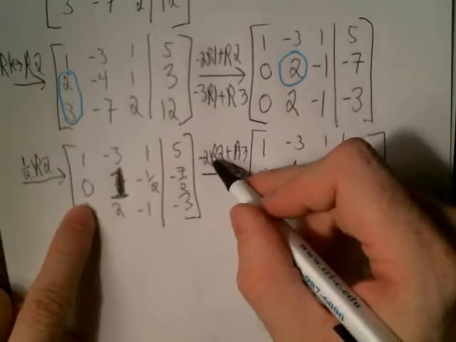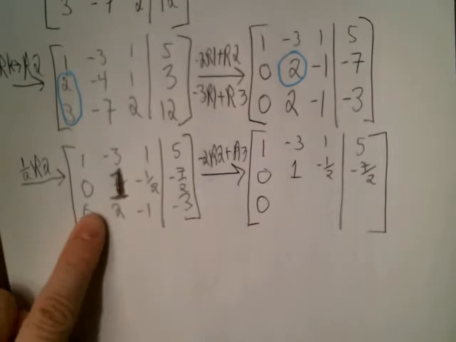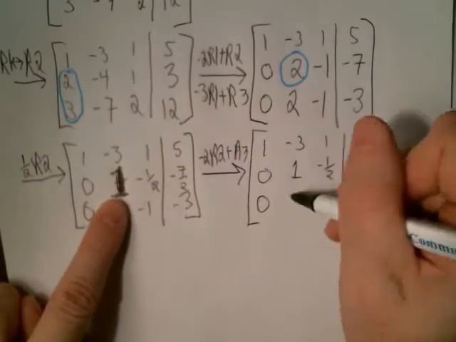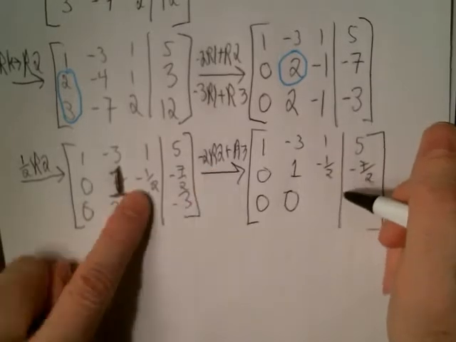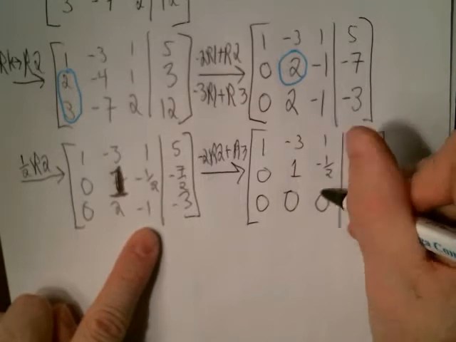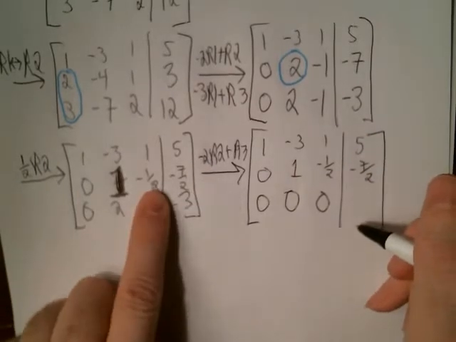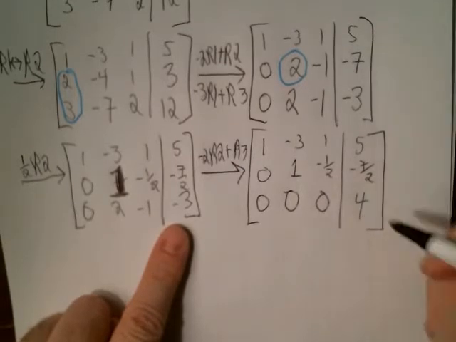Oh, oops, we've got to start with this guy. Negative 2 times 0 is 0. 0 plus 0 is 0. Then negative 2 times 1 is negative 2. Negative 2 plus 2 is 0. Negative 2 times negative 1/2 is positive 1. Positive 1 plus negative 1 is 0. Negative 2 times negative 7/2 is 7. 7 plus negative 3 is 4.